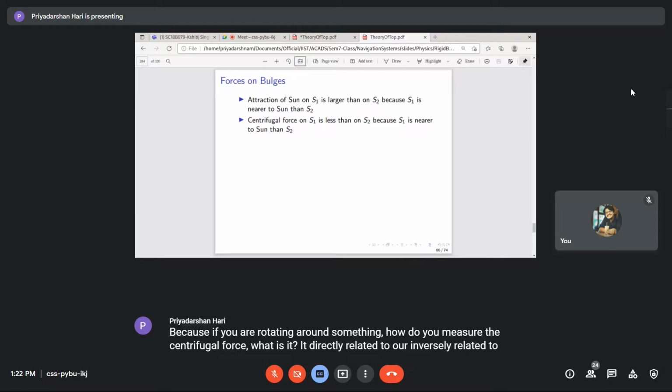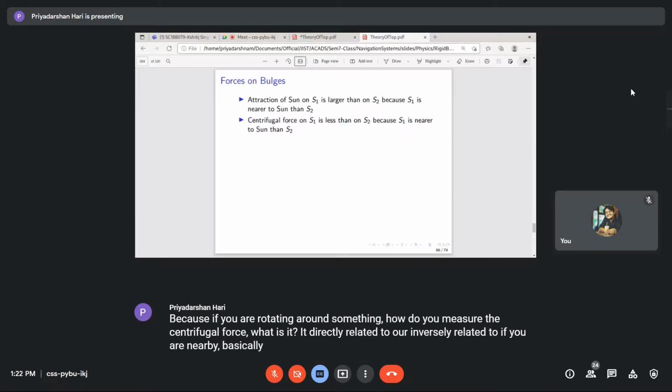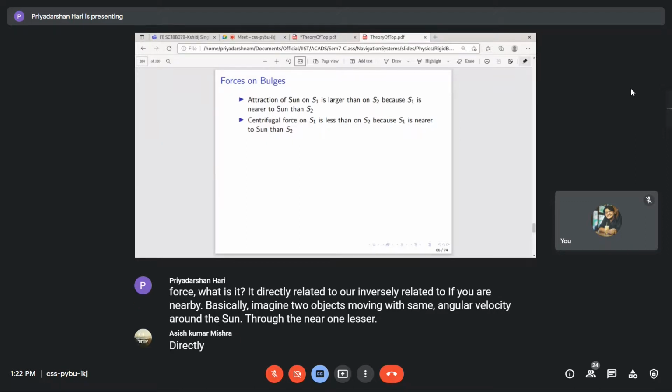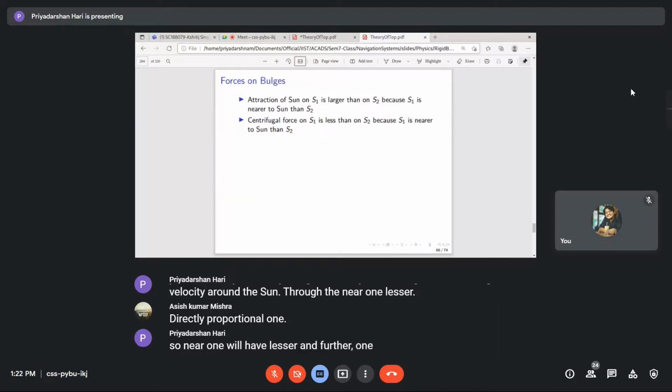Basically you imagine two objects moving with the same angular velocity around the sun. So the near one will have less. It is directly proportional to R. So the near one will have less and the farther one will have more centrifugal force.